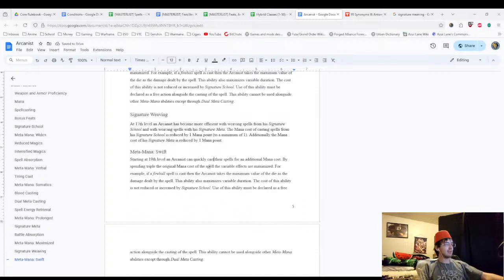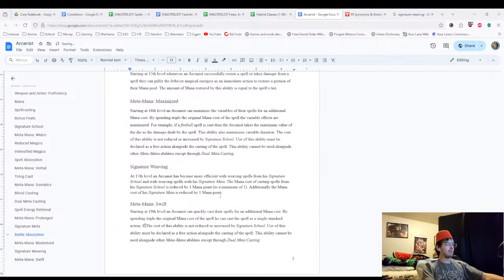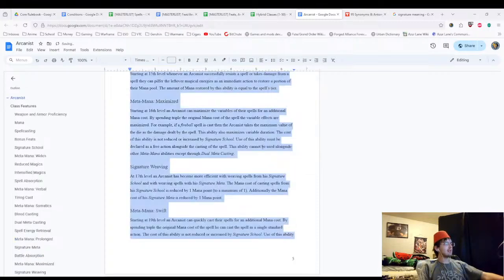Triple the mana cost of the spell. By spending triple the mana cost of the spell, it's a single standard action. Boom. And then cost of this ability is not reduced or increased. Okay, there we go. Simple.